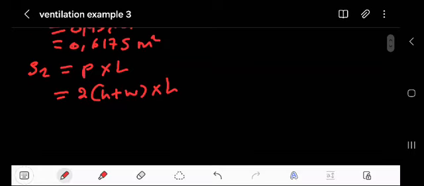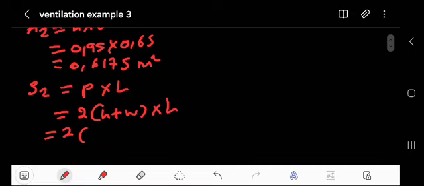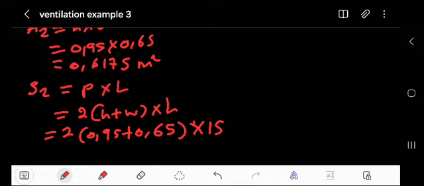So S2 equals 2 times (the height, 0,95, plus the width, 0,65), multiplied by the length, which was 15.